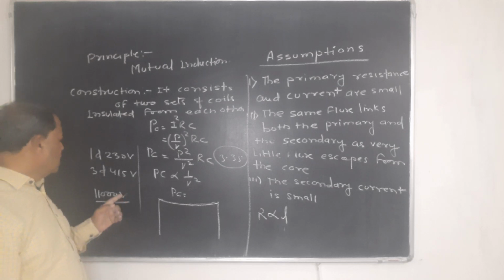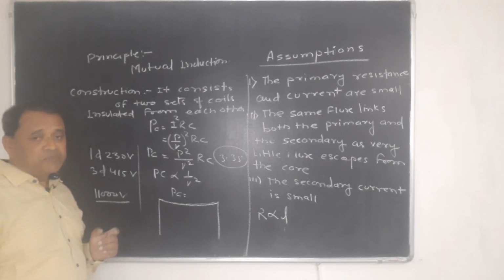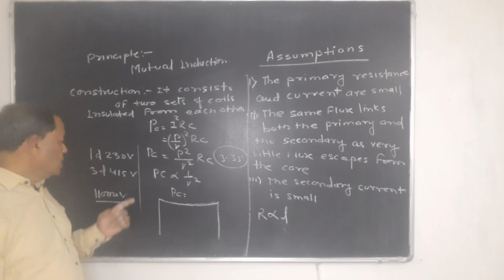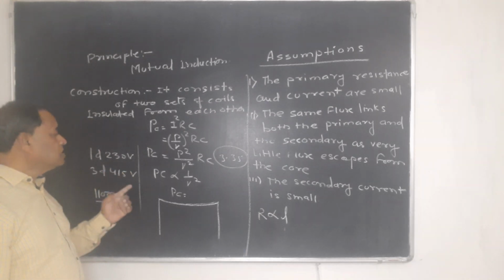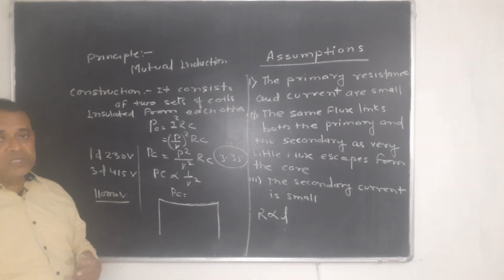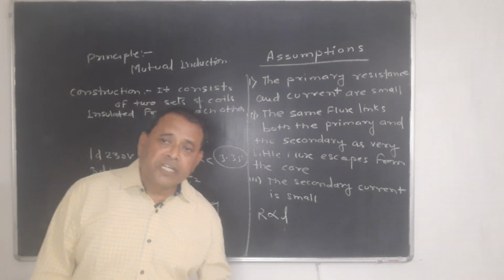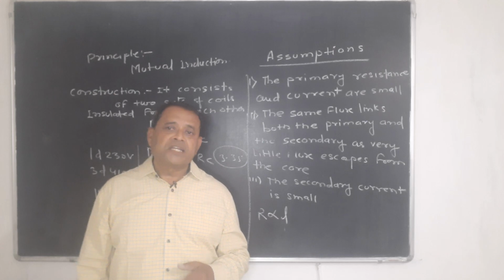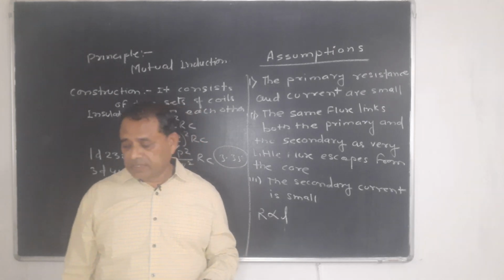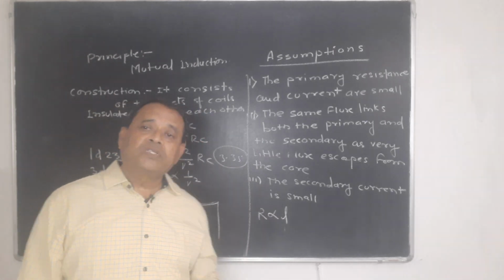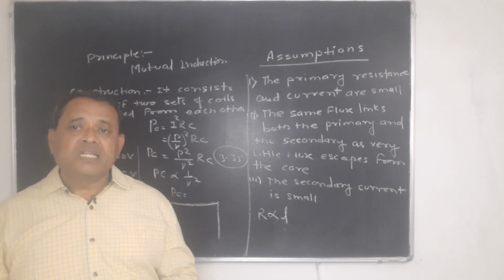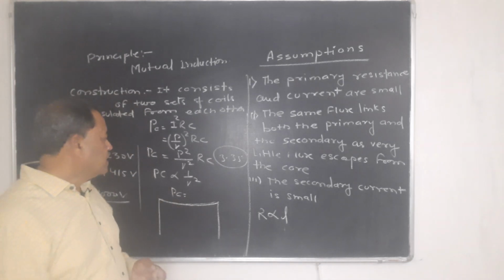Again, the high voltage is not safe to use, so we have to decrease the voltage from this high level to a lower level. So it is necessary to change an alternating voltage from one value to another of greater or smaller value, and this is done with a device called the transformer.